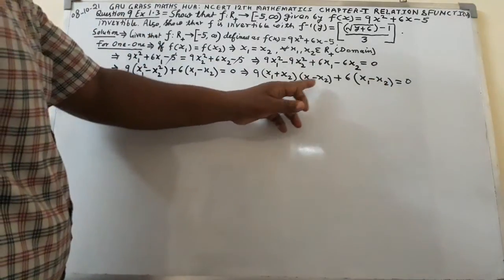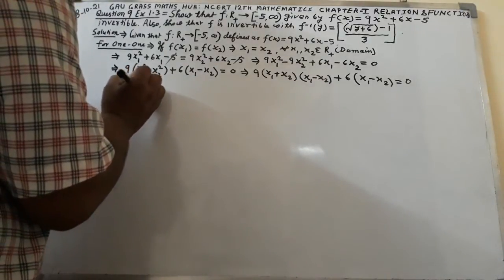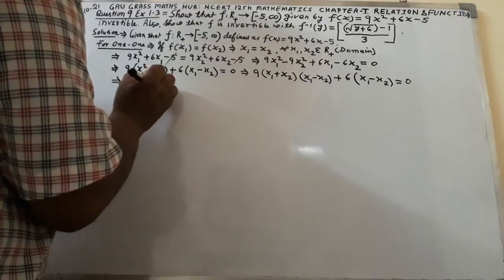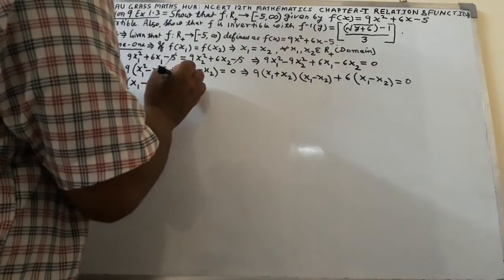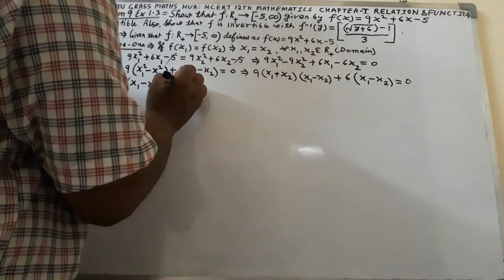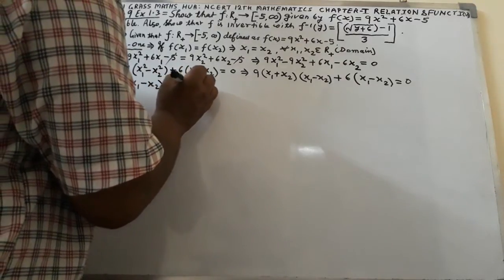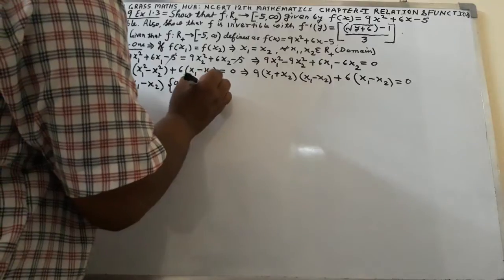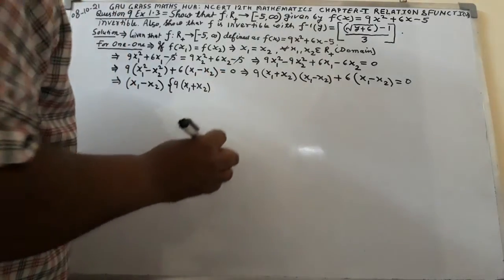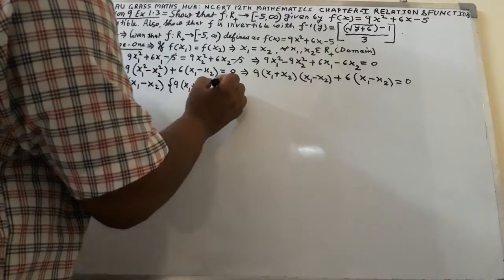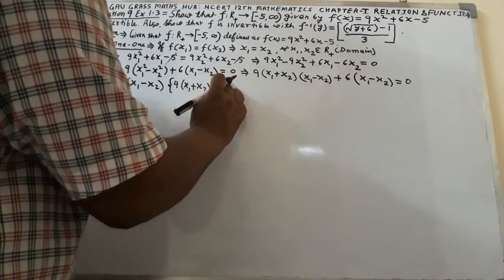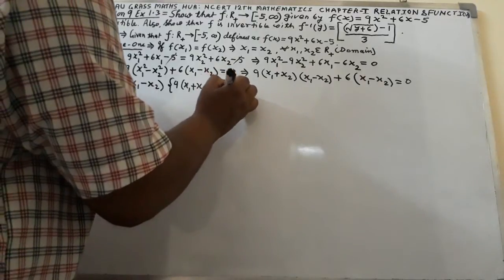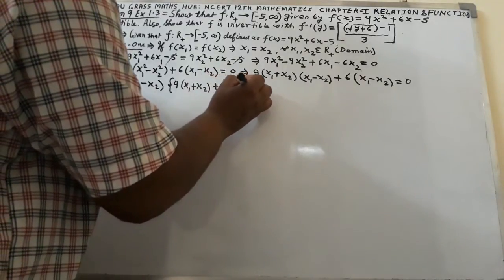So take x1 minus x2 as common. You will get here x1 minus x2 taken as common, in another bracket you will get 9 in bracket x1 plus x2 plus 6, curly bracket close, equal to 0.